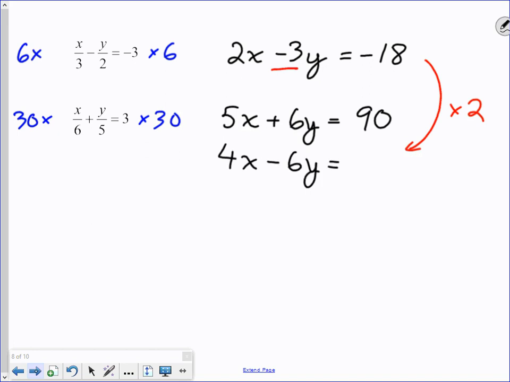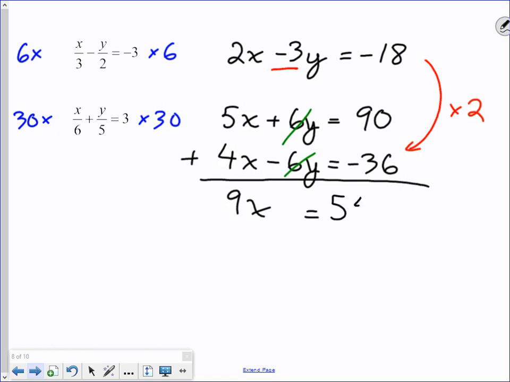Negative 18 times 2 is negative 36. Now I'm going to add. 9x, of course the 6y and the negative 6y cancel, and 90 minus 36 is going to give me 54. Divide both sides by 9, and x is equal to 6.